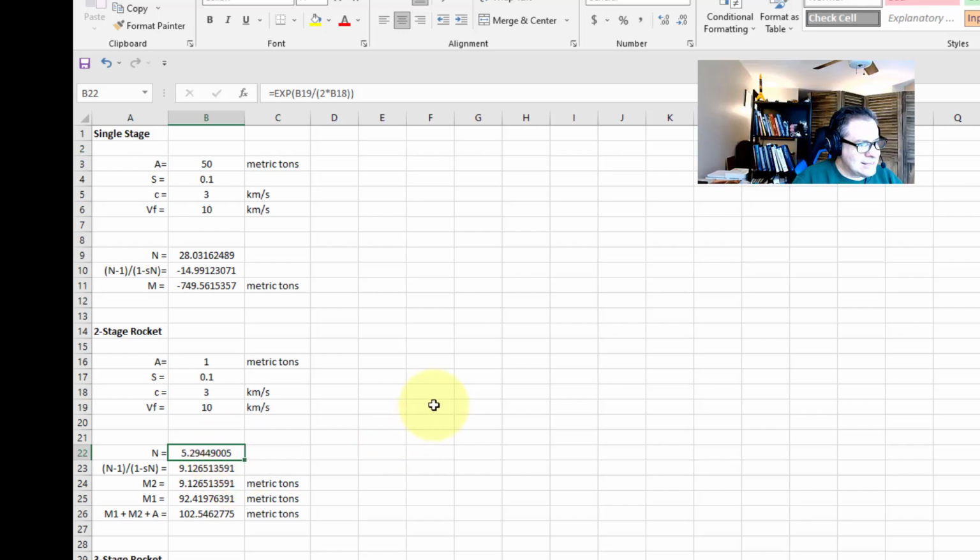Then actually you need to take that n value, put it into this factor n minus 1 divided by 1 minus Sn in order to then multiply that by the payload mass, which I used just 1 metric ton.